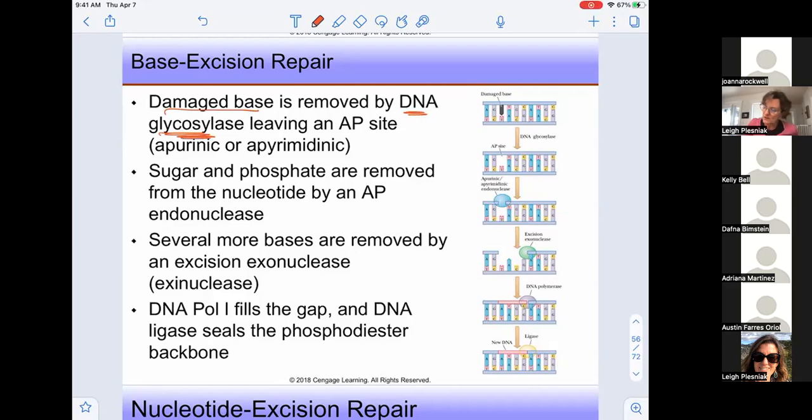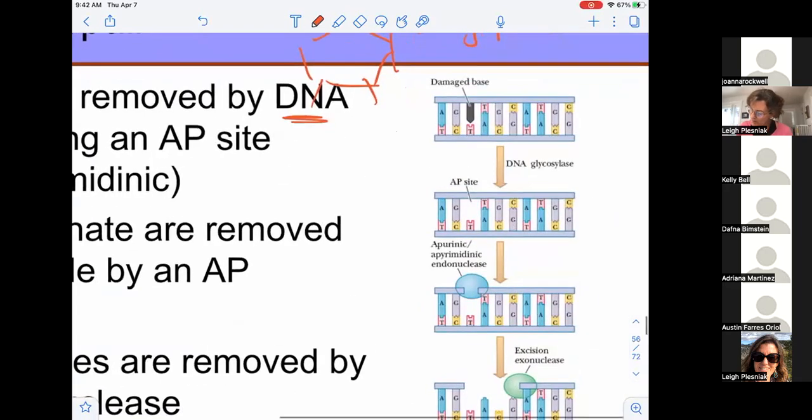Okay, so remember, we have our ribose just schematically, and then you have the covalent bond between the ribose and the nitrogenous base. The glycosylase breaks that bond, right? Because that is a glycosidic linkage, because it's between a sugar, that's where the glyco comes in, and the base. And that's what's represented here.